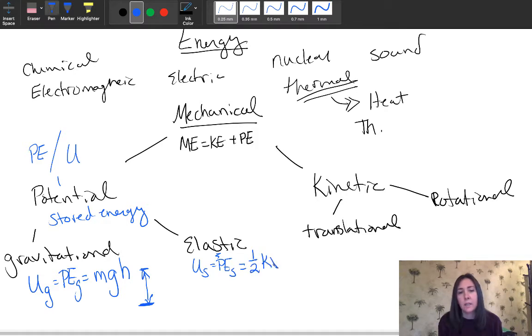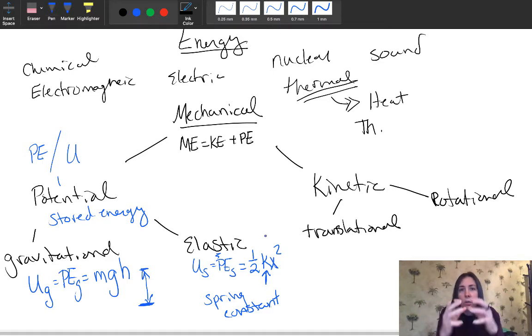Elastic potential energy, U_S, or PE_S, is equal to 1/2 k x squared. We haven't talked about k. This is the spring constant. We'll talk about that more when we talk about elastic potential energy. You also see this spring constant when you talk about elastic force. This x squared, that's just a compression or a stretching.